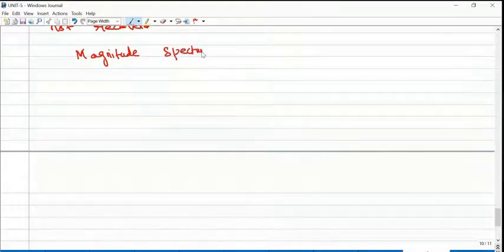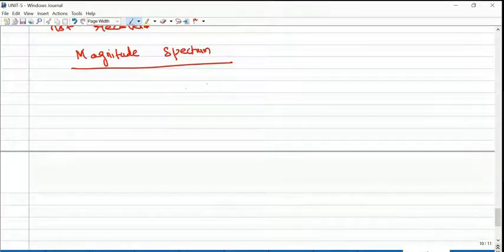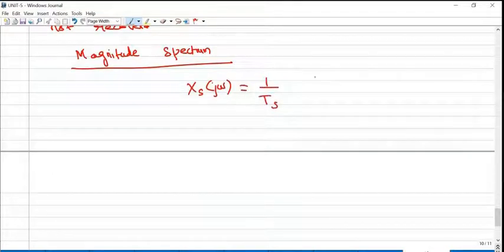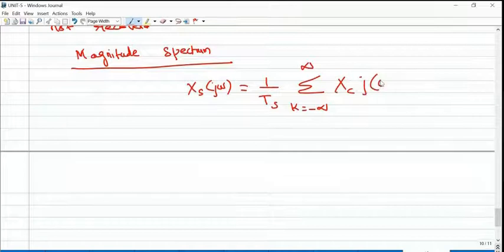To draw the magnitude spectrum: X s of j omega equal to 1 by Ts, summation k equal to minus infinity to infinity, X c of j omega minus k omega s.